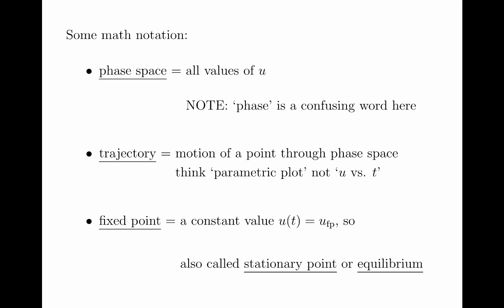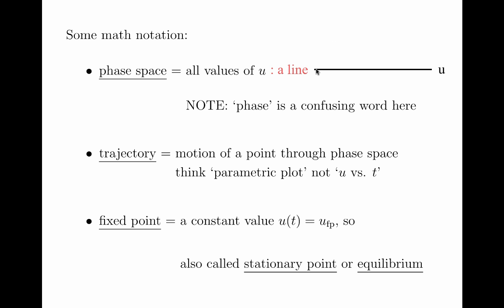Okay, so some mathematical notation. We'll introduce three terms here that we'll use throughout the rest of the lecture. Phase space. This consists of all possible values of our dependent variable u. Now in this case, our one-dimensional phase space consists of a line. So we can draw this one-dimensional phase space. Here are all the possible values for our variable u.